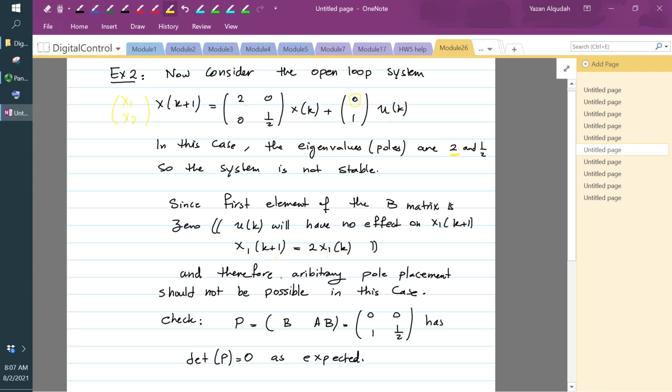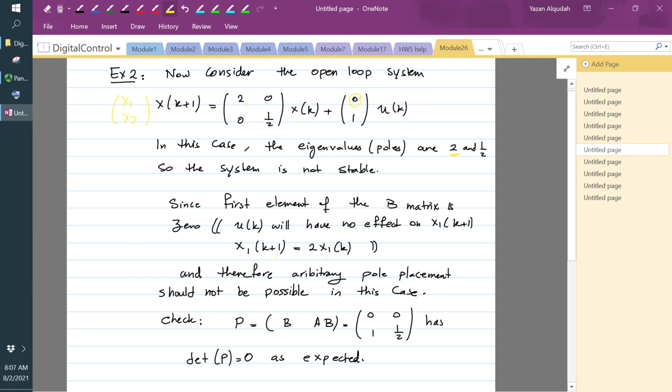And therefore, u of k, which is what we're going to be able to change, has no effect on x1 because it does not show up in this equation. When we wrote the state equation for x1, x1 is just equal to 2 multiplied by x1, and it does not depend on u of k.